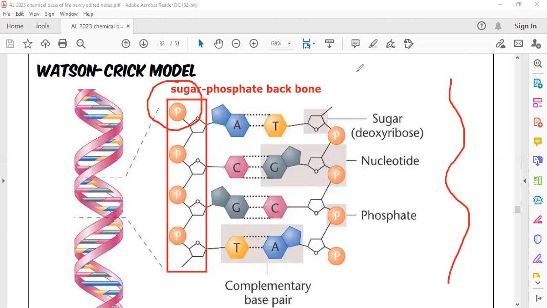So which carbon is free in that end? Fifth carbon. So we call that end by the word 5' end. Understood? How do you call it? 5' end. We mark a prime mark. Okay.